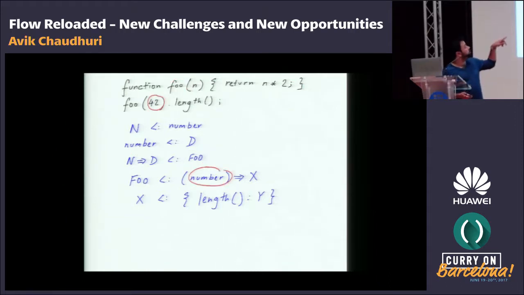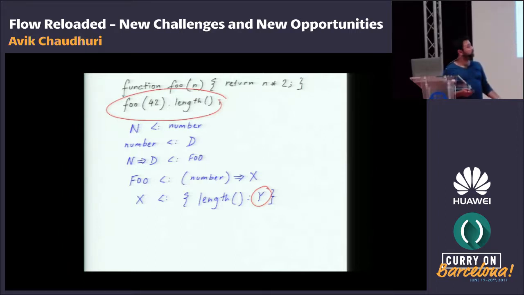Meanwhile, foo is being used at a call with the argument passed in, which is a number. The result type is unknown, which is the type of the expression that surrounds foo(42). And then we are calling the length method on it, which can also be described as a constraint like this, and the result of the length call is unknown.